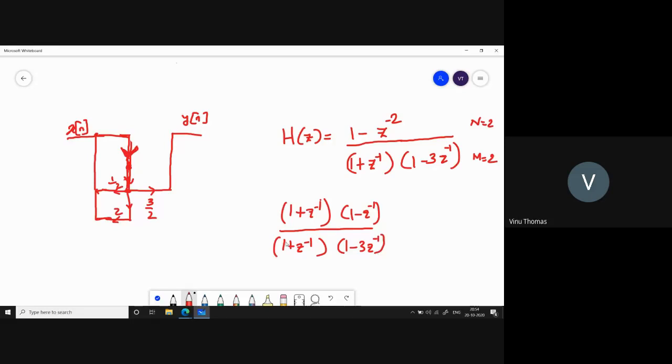Is that understood? So we can cancel this out and write this as 1 minus z raised to minus 1 by 1 minus 3 z raised to minus 1. Is this clear?